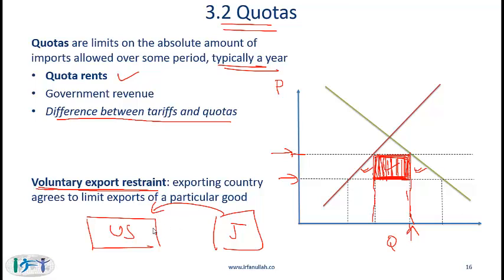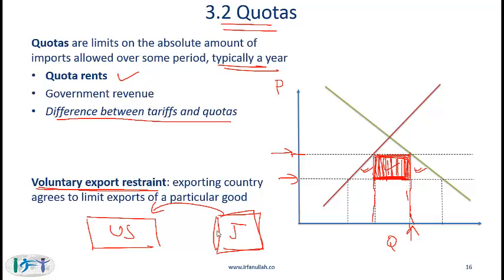An import quota will be one where the United States imposes quotas on how many cars can come in from Japan. A voluntary export restraint would be where the Japanese government imposes a quota, or the Japanese automakers collectively agree on how many cars they will export to the United States.